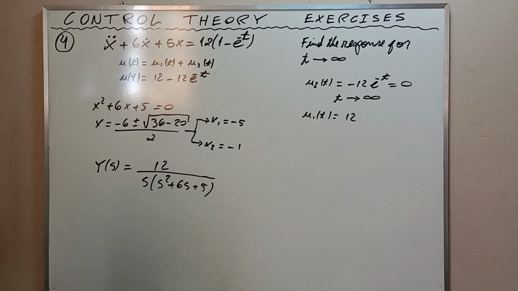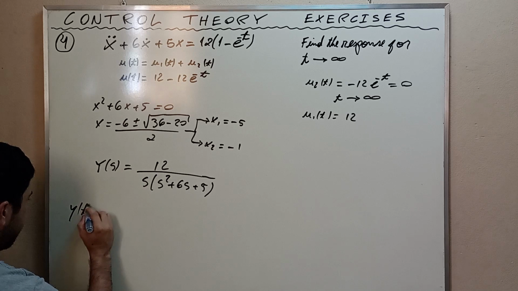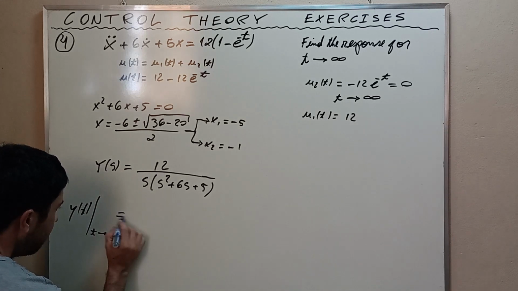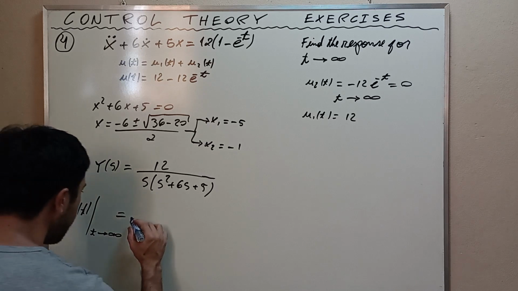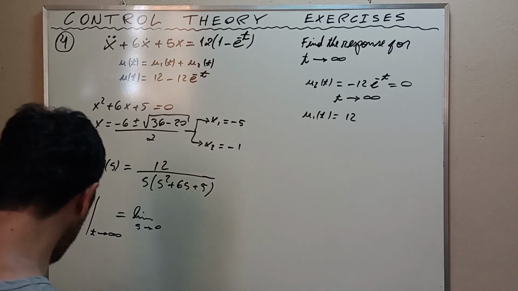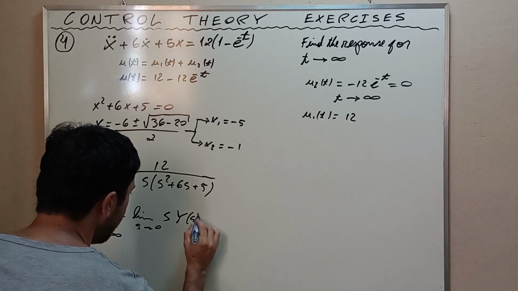And how about the final value of this expression here? This is what we want. We want the final value of this expression. y(t) when t goes to infinity is equal to the limit when s goes to 0 of s Y(s).